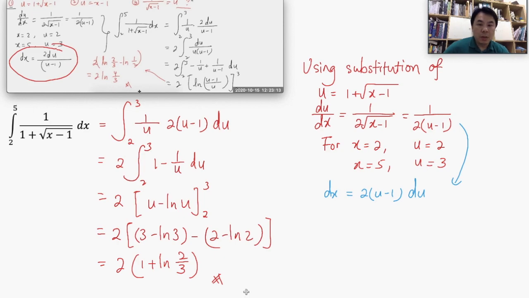In this case, it is 2 multiplied with bracket 1 plus ln of 2 over 3. I hope that is clear. Method number 1, so we have done with the first choice of substitution. It works. This method is quite direct. It leads us to the integration result quite easily.